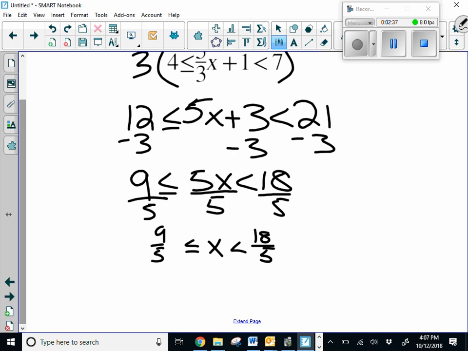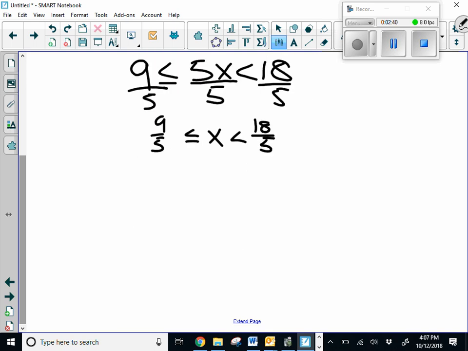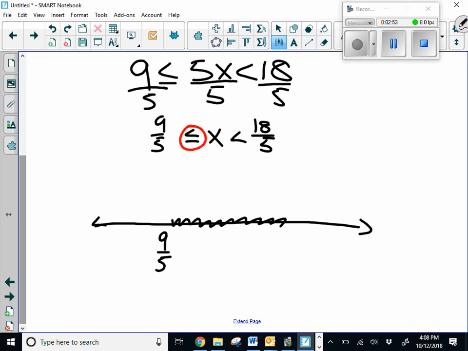All right, so we solved it. Now we just got to graph it. So we already knew it was just going to be one connected piece in the middle, but now we know a little more information, right? It's starting at 9/5, and because it's or equal to, we'll have a closed circle, and we now know that this over here is 18/5, and in this case it's strictly less than, no or equal to, so this one will be an open circle.